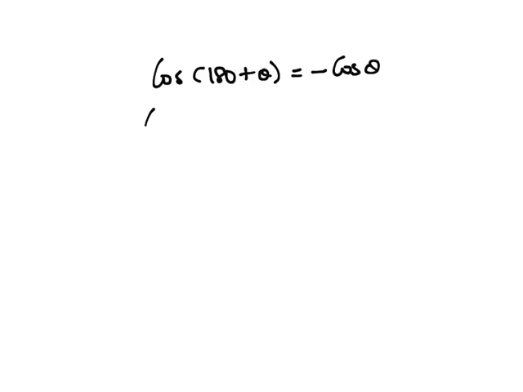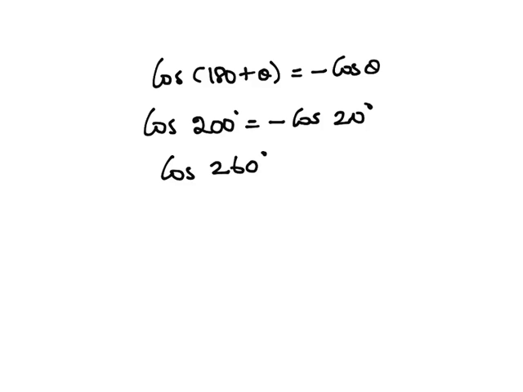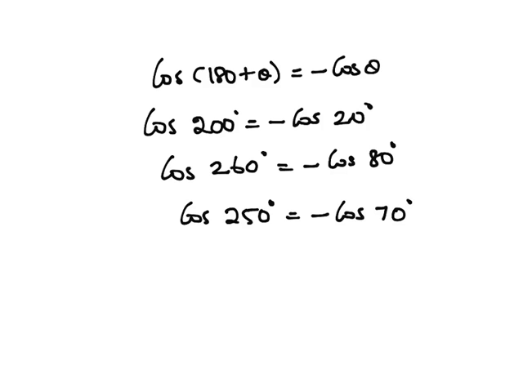Okay, now cos of 180 plus theta will be equal to minus cos theta. Which means cos 200 degrees will be equal to minus cos 20 degrees, and cos, let's say 260 degrees, will be equal to minus cos 80 degrees, and let's take cos 250 degrees, which will be equal to minus cos 70 degrees.